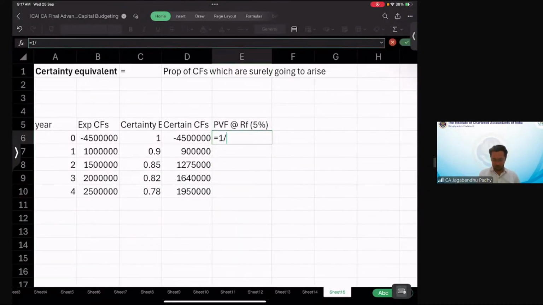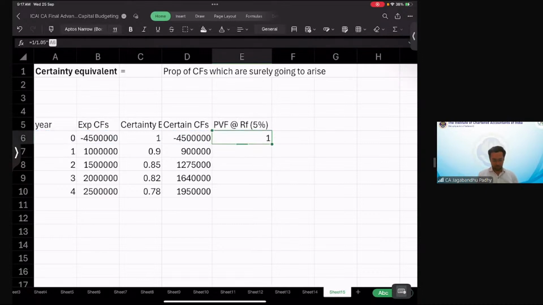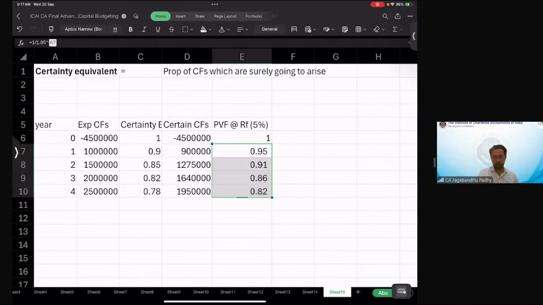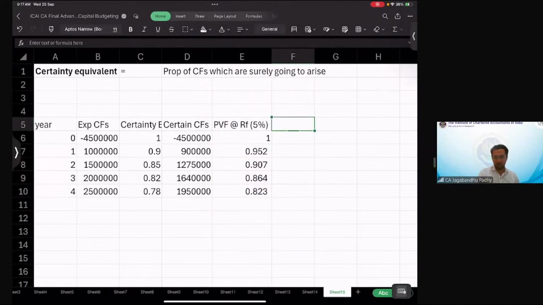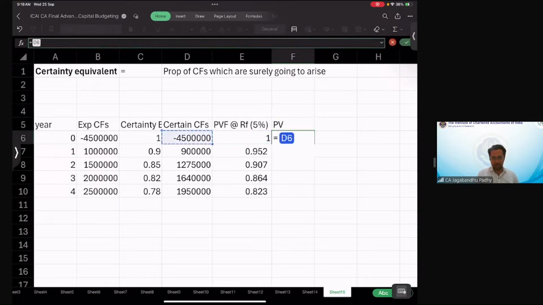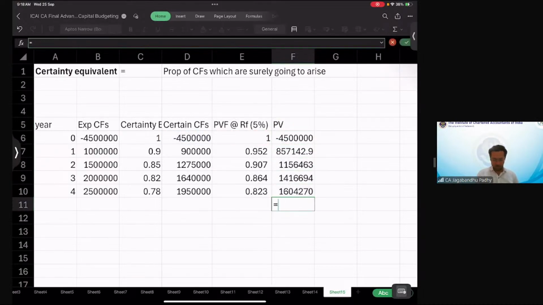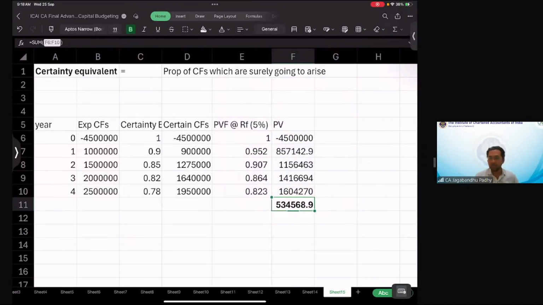Okay, so we say 1 divided by 1.05 to the power of number of years. We get these PV factors, right? And then we take the present value as certain cash flow into the PV factors, and the NPV can be computed on similar lines.